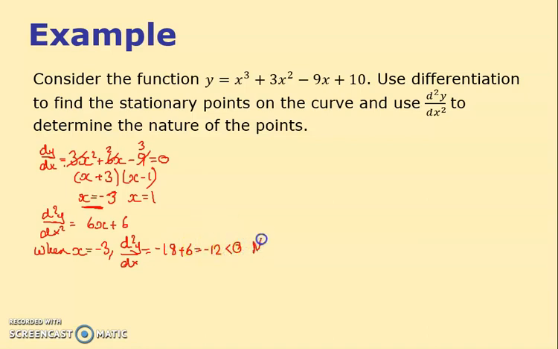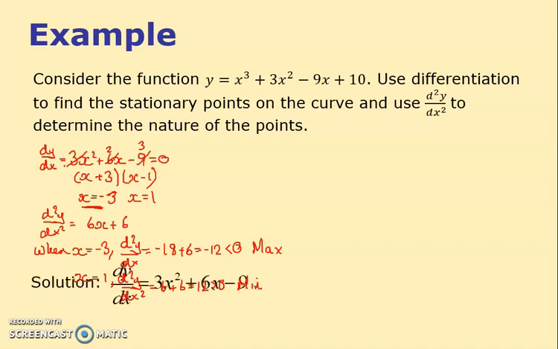And when it's less than 0, it's a maximum. But when x is 1, what do I get now? Put 1 in, I get 6 plus 6, which is 12, which is greater than 0, so that's a minimum.